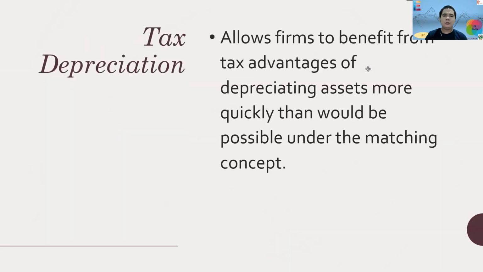The tax depreciation method allows firms to benefit from tax advantages of depreciating assets more quickly than would be possible under the matching concept. So say for example, you put 50% depreciation for the first year. That will be deducted from your income because it will be considered as an expense. So you will pay a smaller tax.